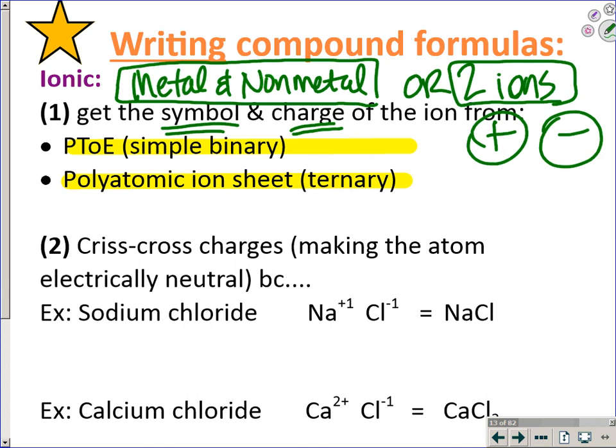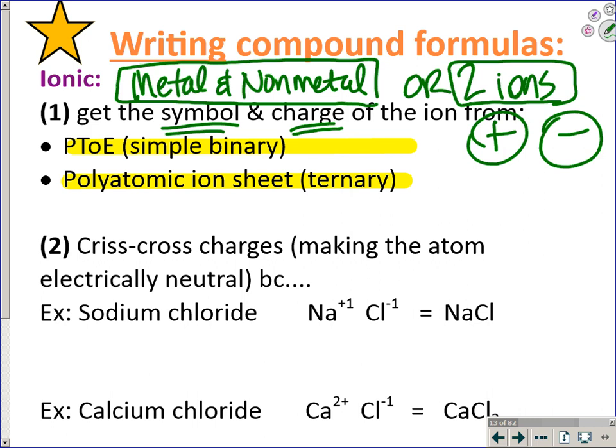If these things form charges, what does group 1 form? +1. Group 2, +2. Skip over the transition metals, group 3, +3. Group 4, plus or minus 4, right? It kind of depends on the system. Group 5, -3. Group 6, minus what? 2. Okay, and then group 7, -1. So it goes 1, 2, 3, 3, 2, 1, right? The 4s are kind of the weirdos. And then noble gases don't do anything.